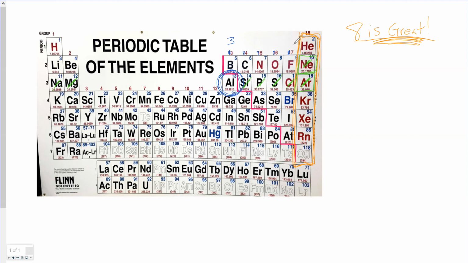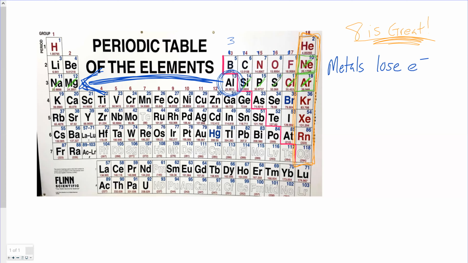And what we learned on the video, I hope you wrote down, is that realistically, anybody who is a metal, anybody left of the staircase, which are your metals, they always lose electrons. That's what they do. It's easier for them to do that. So if you didn't have this written down, you should know that metals always lose electrons.